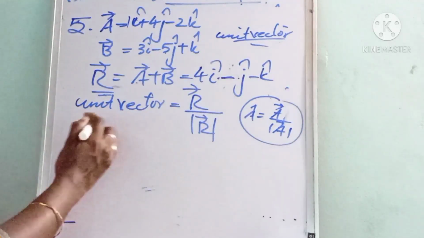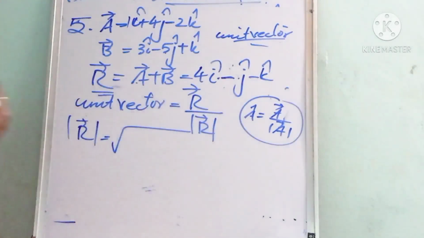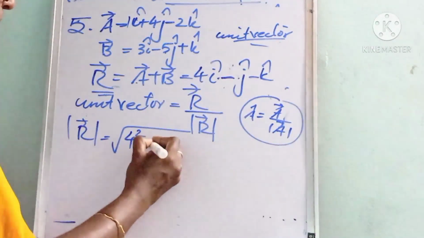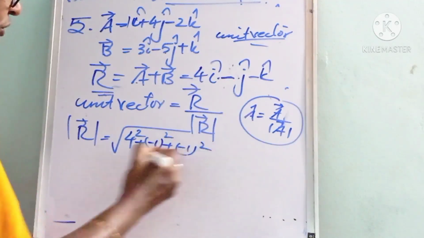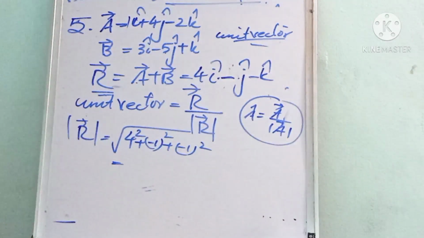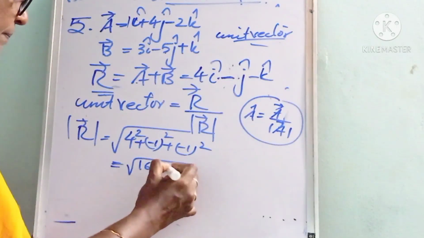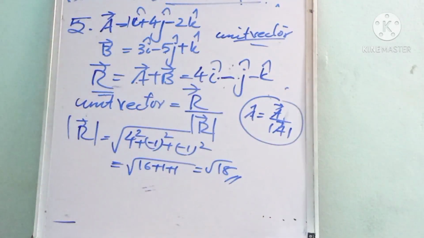Next, we have to find the modulus of vector R. It is 4 square plus minus 1 square plus minus 1 square, so it is 16 plus 1 plus 1, which is root 18. That is the modulus of the resultant vector.